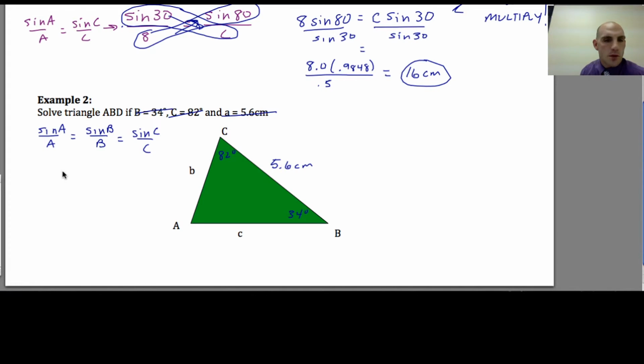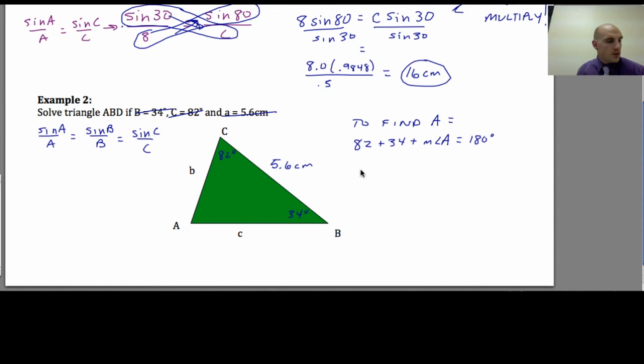Okay, let's fill in what we know. We don't know A, but we could find A. To find A, 82 plus 34 plus the measure of angle A is equal to 180.